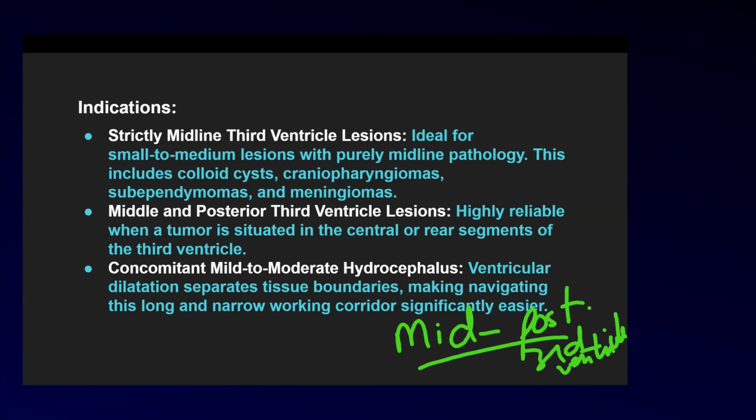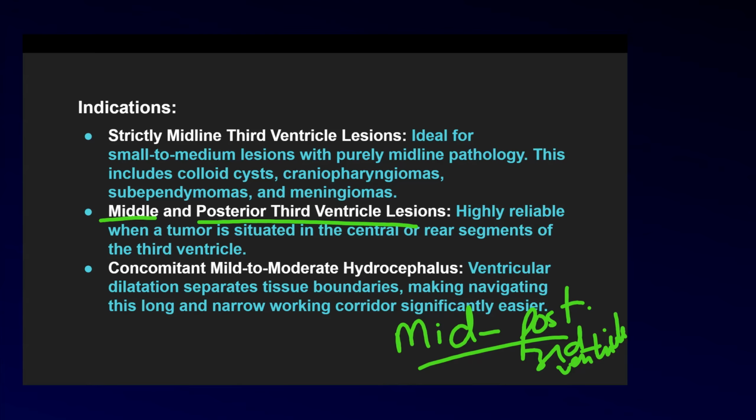We are going to discuss that briefly, but this is mainly an approach for middle and posterior third ventricle, or sometimes roof of the third ventricle lesions. So we want strictly midline third ventricle lesions. They can be colloid cysts, craniopharyngiomas, subependymomas, you name it. And yes, they need to be middle and posterior third ventricle lesions. For anterior third ventricle, we have different approaches, which are not our topic today.